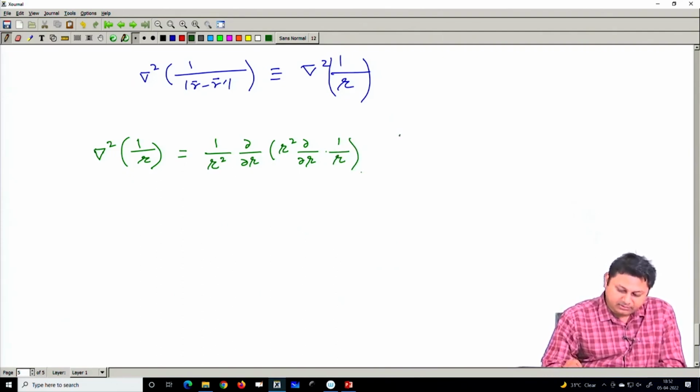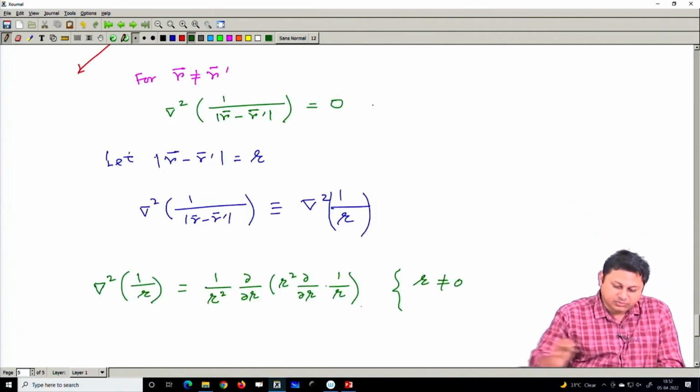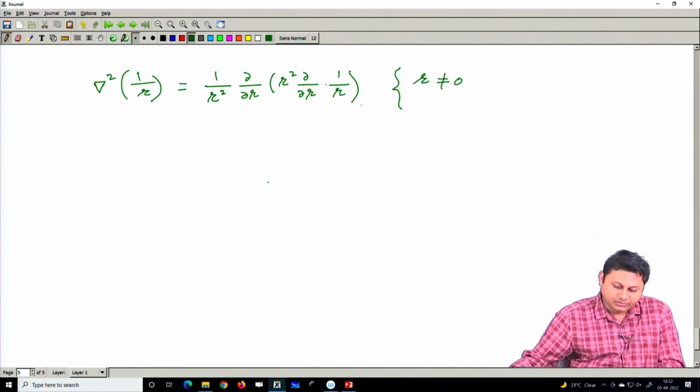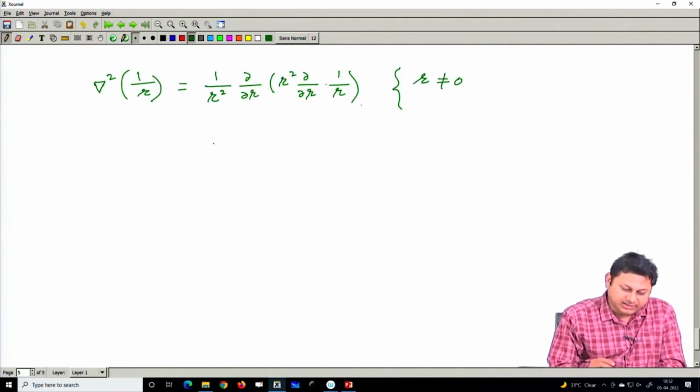Now, one thing you should note is that curly r is not equal to 0, because that is the condition we had here: curly r is r minus r prime and r is not equal to r prime. So, the mod of the vector r minus r prime should be a non-vanishing quantity. Then the rest is mechanical.